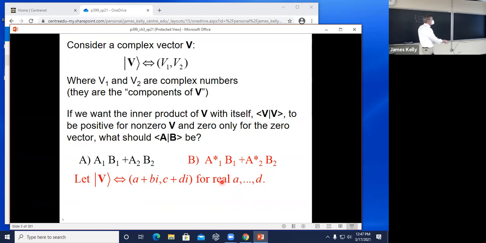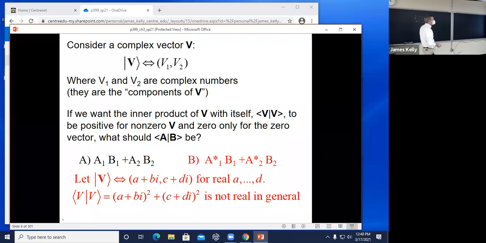And let's calculate using this first definition, which is the one we're familiar with. That's the way we normally calculate dot products. When we take the inner product of this vector with itself, we need to square a plus bi and square c plus di and then add them together. You'll see that there is an imaginary part that doesn't disappear. There's a cross term here, 2abi, and a cross term from this one, 2cdi.